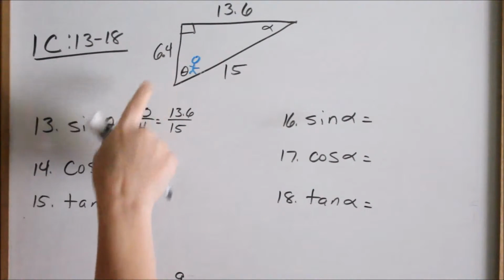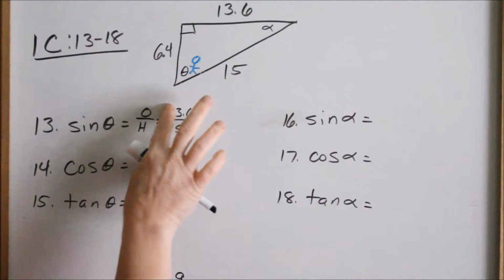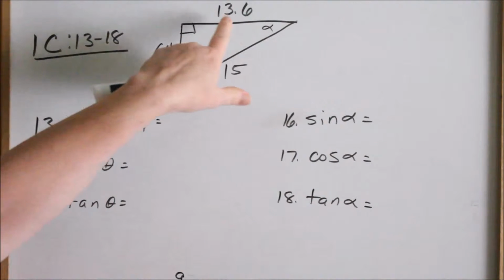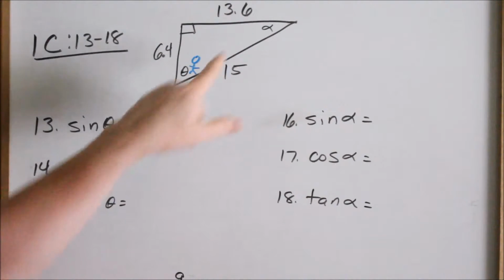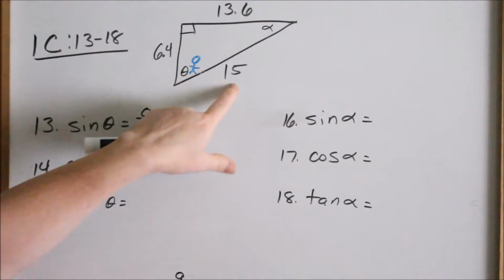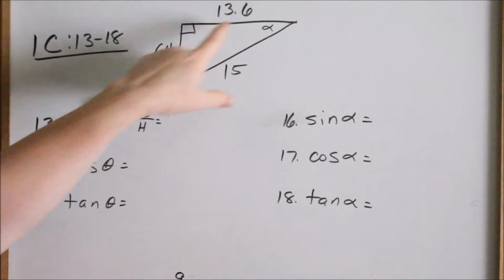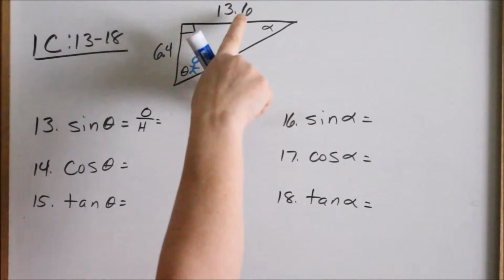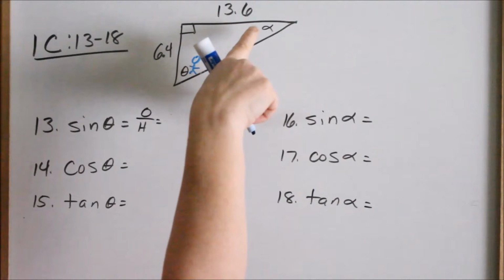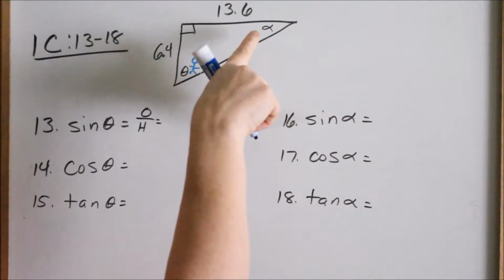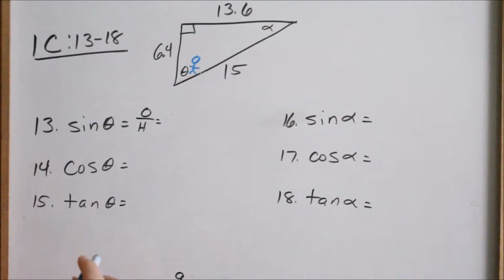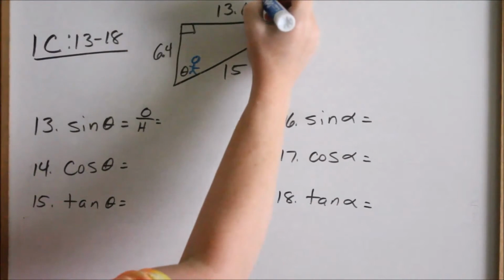So anytime you have decimals in your triangles, I would get rid of your decimals. How do you get rid of decimals? You look at the most decimal places. This has 1, this has none. Since the largest decimal place is 1, in order to get rid of my decimal, I multiply by a multiple of 10. One decimal place, 10 has one 0.